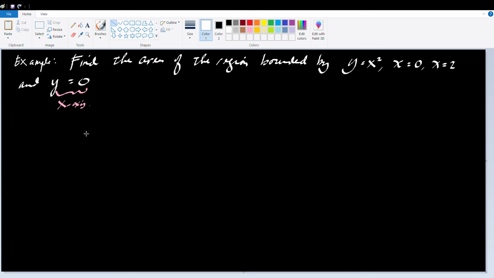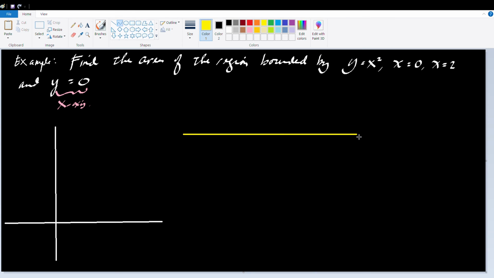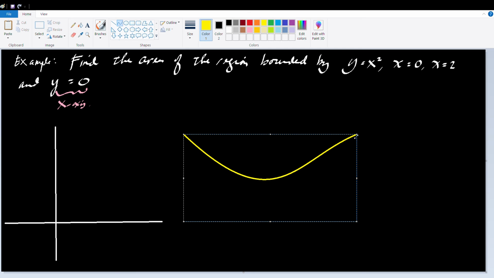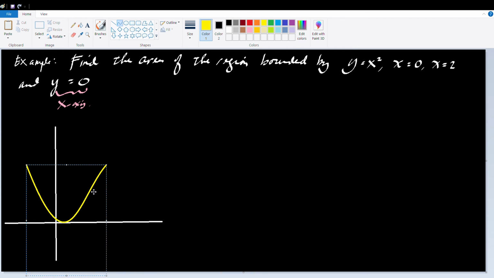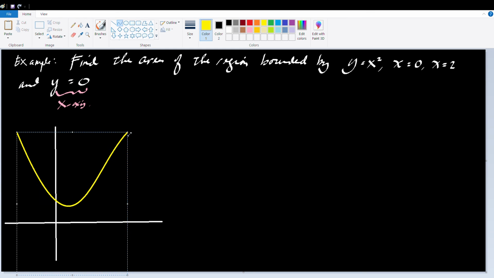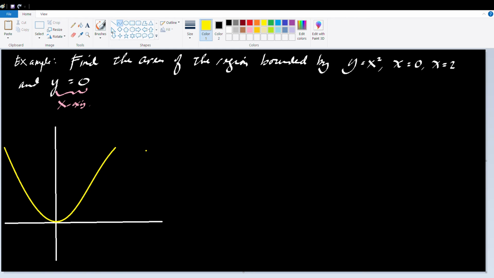Let us make a sketch of the region. So, first, we have to draw the parabola y equal to x squared. Say that is the parabola y equal to x squared. Then we have the vertical line x equal to 0, which is actually the y-axis.